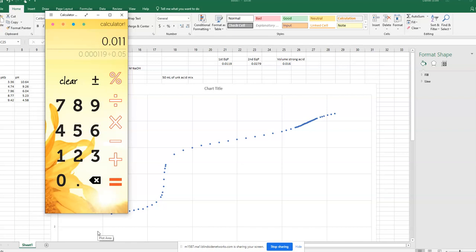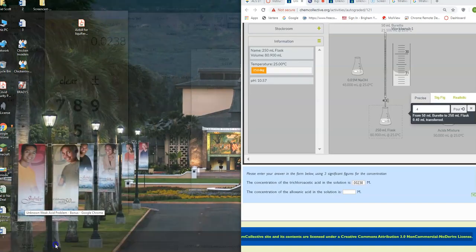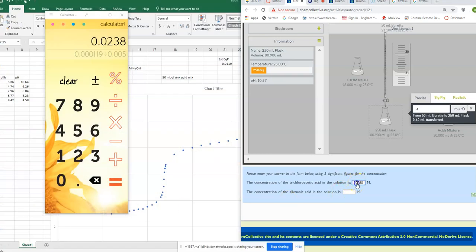I think it's right. 0.0119 times 0.01 divided by 0.005. 0.0238, is that what we had? I don't think so. Oh no, we had 0.00238.